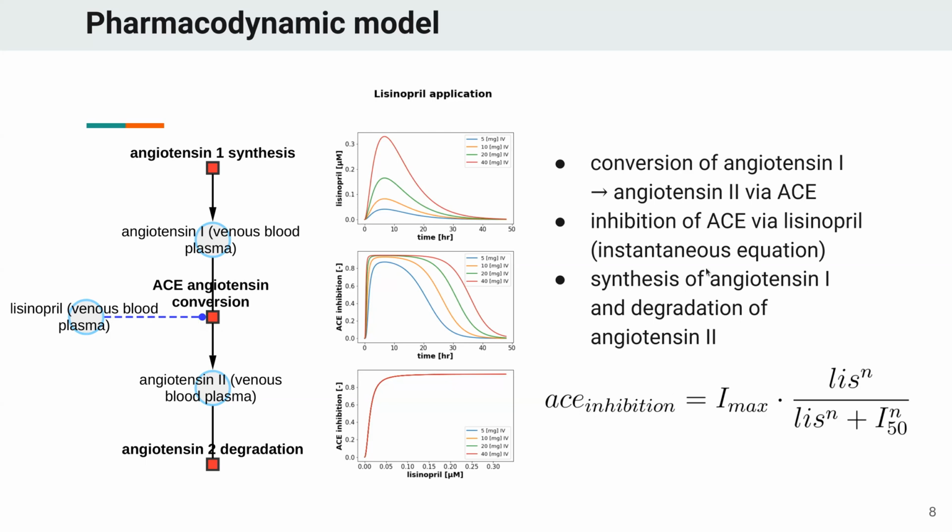We did this via simple pharmacodynamic equations, in which the inhibition depends on some nonlinear dose dependency on the lisinopril. If you put the simple equation in our model, then we can calculate the inhibition, plotted here in the middle plot, depending on the lisinopril concentration.